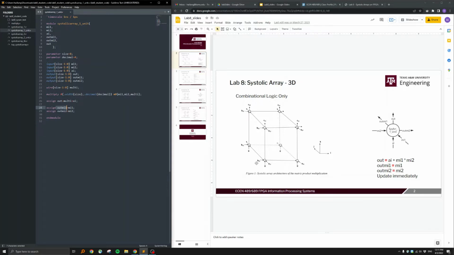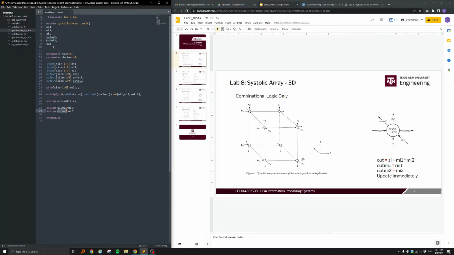B11 is coming into this node through the MI2 port here, and it will directly be assigned to out MI2 through this wire and get input into this node here. So B11 will be used in this calculation once, and then B11 will be used in this calculation the second time, right?